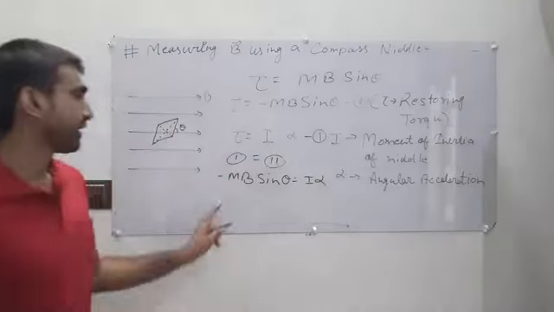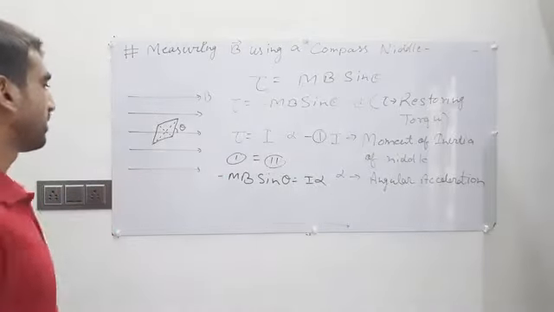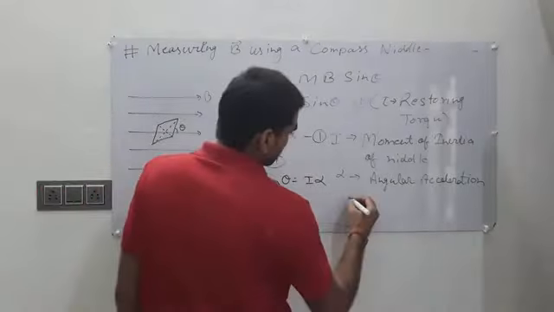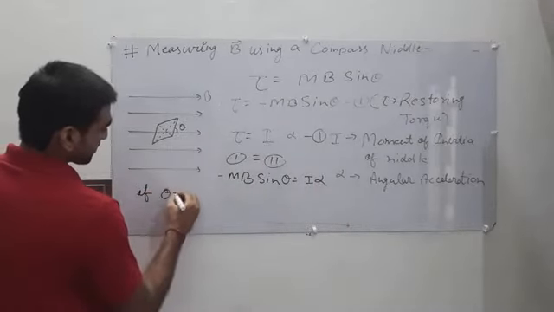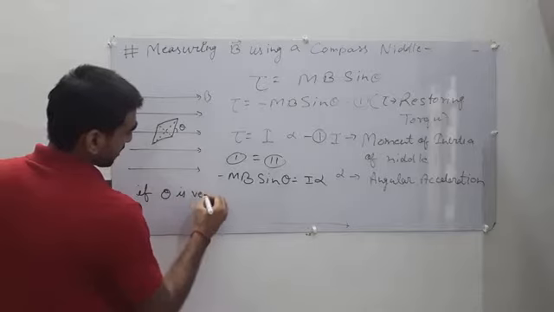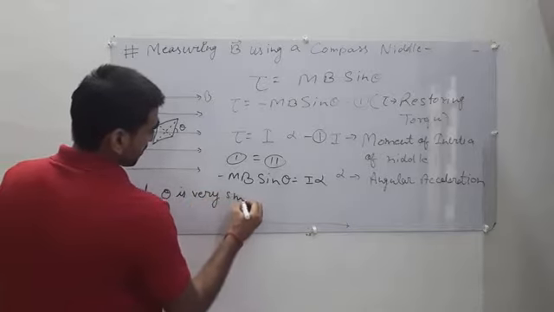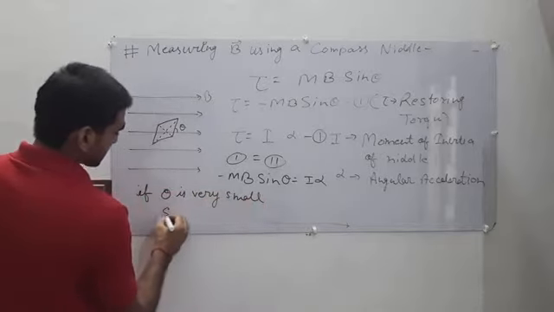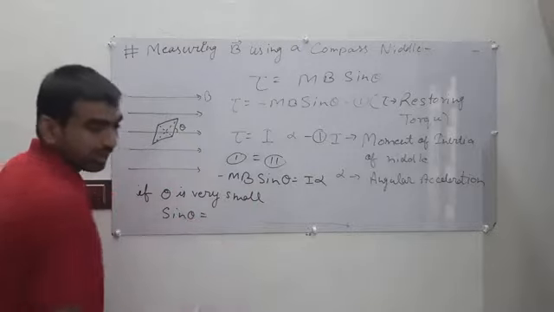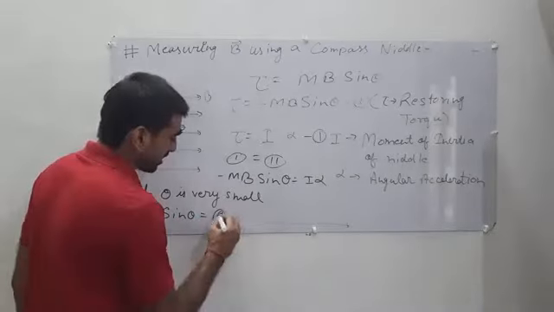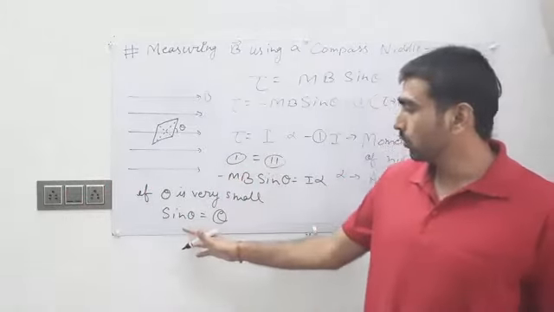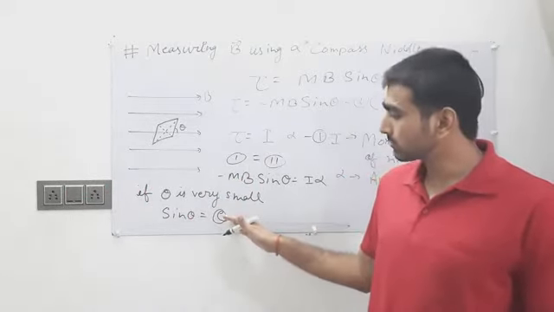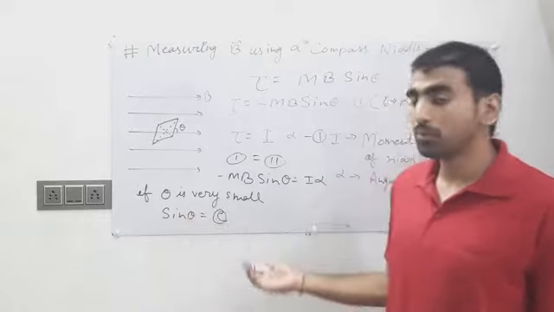Now the second case is if theta is very small, then sin theta will be equal to theta, because if we put theta equals 0, then sin 0 is 0, and we don't know the value of theta.